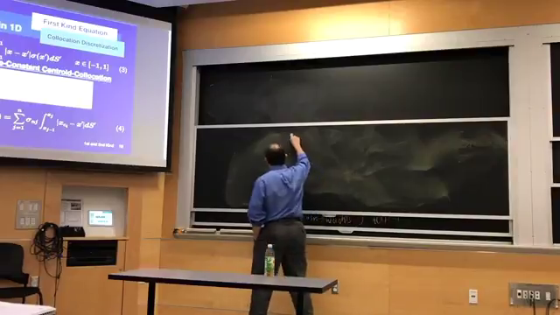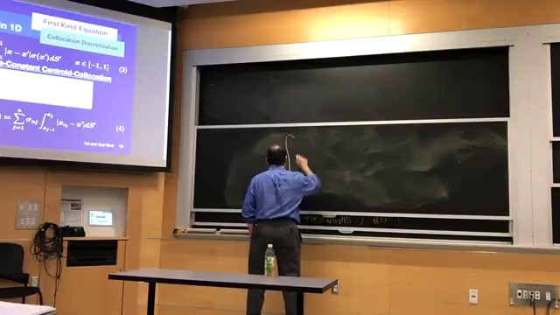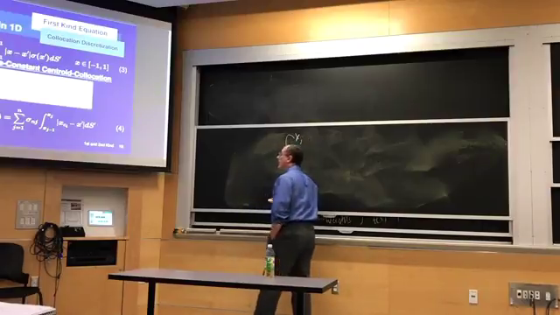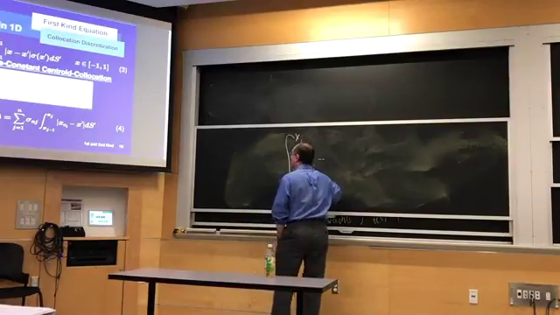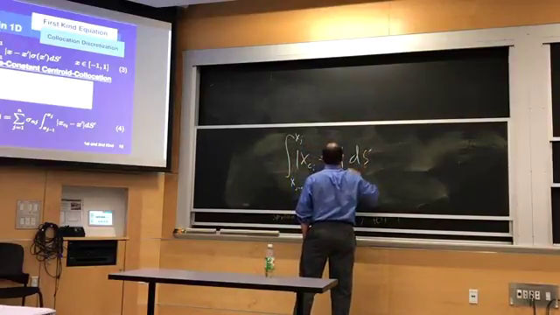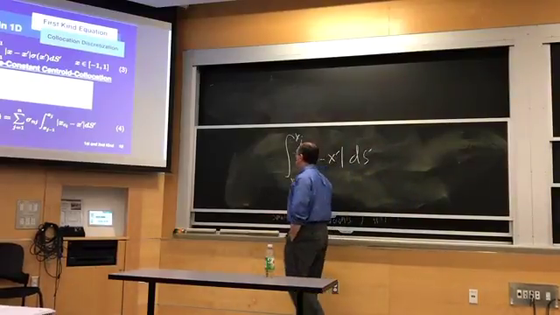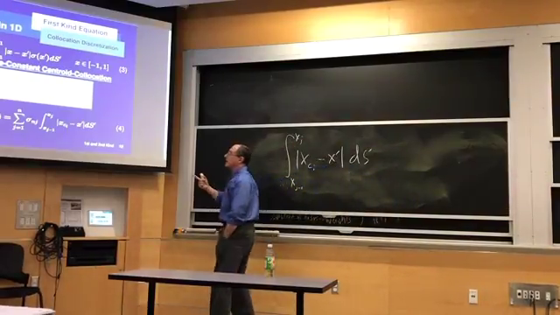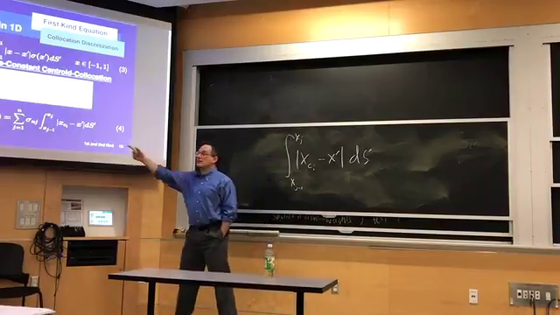And what we have to calculate is this integral from x_{j-1} to x_j of the absolute value of x_i, the collocation point, minus x prime, ds prime. So we're going to integrate this line integral. We need to calculate that in order to calculate these matrix entries. So we're going to have to calculate these integrals.